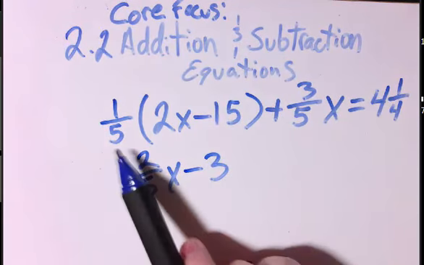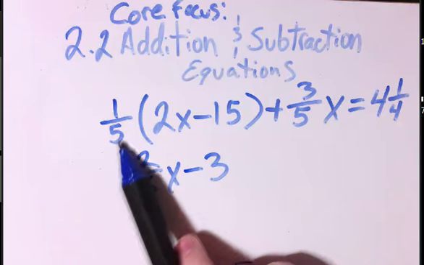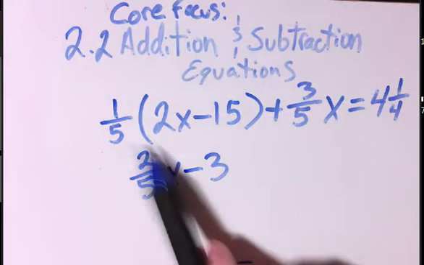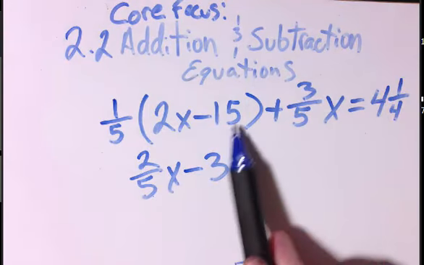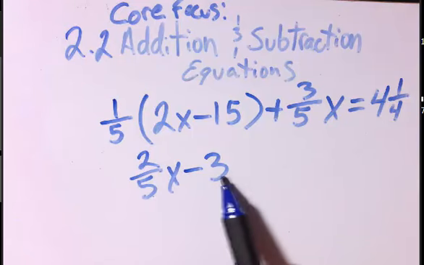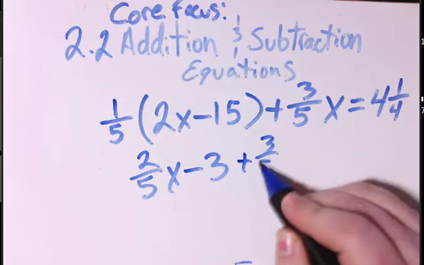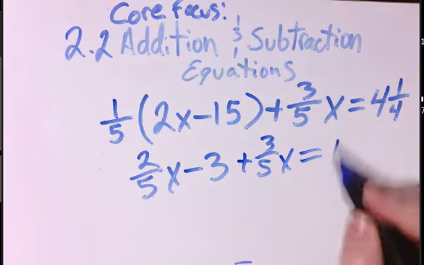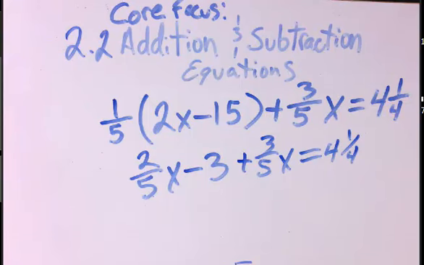Remember, you can think of this as dividing by 5. So 2 divided by 5, you can keep this as 2/5. Negative 15 divided by 5 gives you that negative 3. We still have that 3/5 x here. So now we can combine like terms.